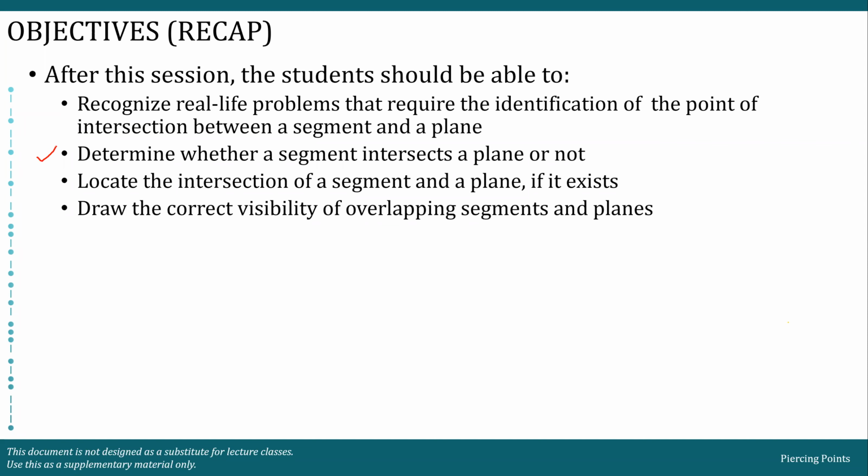Then, locate the intersection of a segment in a plane if it exists. Mag-i-exist siya kapag nasa loob siya ng plane. Okay, nagawa na natin yan. And lastly, draw the correct visibility of overlapping segments and planes. And basically, that's the end of the lesson for piercing point. I'm now ready to entertain questions.